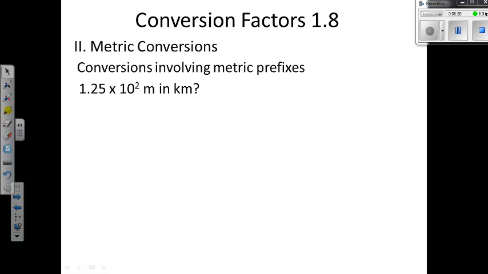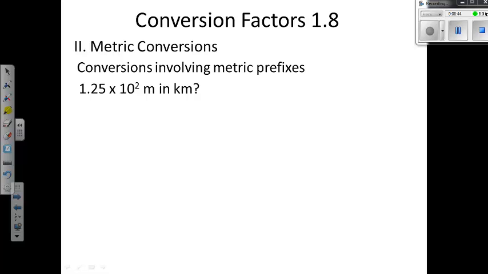Metric conversions. Conversions involving metric prefixes. Here we go. Okay, so this we actually did in a previous presentation, I seem to recall. But we can do this again because it's certainly a good practice for using dimensional analysis and conversions. Here, what is my conversion factor?